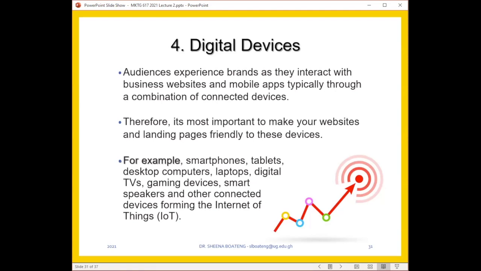So we need to ensure that as e-marketers, we are conversant with all the devices that our customers or target audience could potentially communicate with us through. Then make sure that we are targeting them and getting to them on those platforms, right? So if they use smartphones and tablets, we need to make sure that our websites and applications are optimized to function properly on all these platforms.